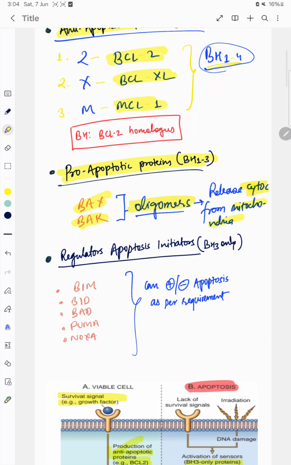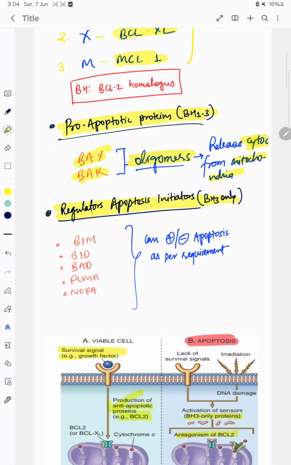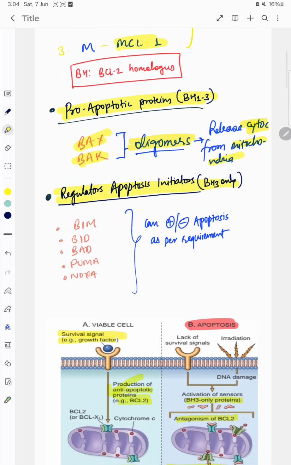The third category of regulators of apoptosis are the regulator apoptosis initiators. They are BH3-only proteins. They can promote or inhibit the process of apoptosis as per the requirement. Examples of regulator apoptosis initiators are BIM, BID, BAD, PUMA and NOXA.